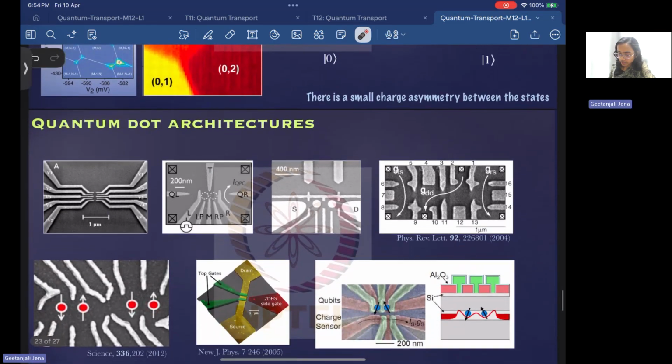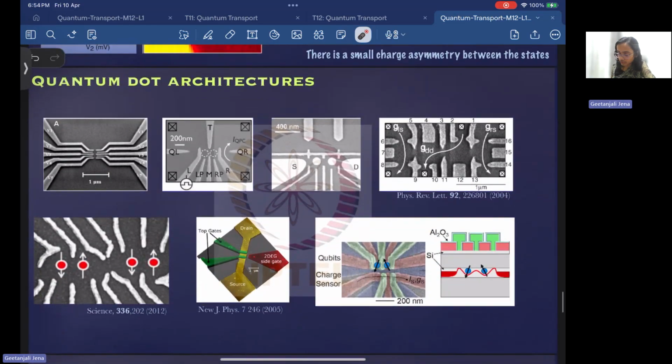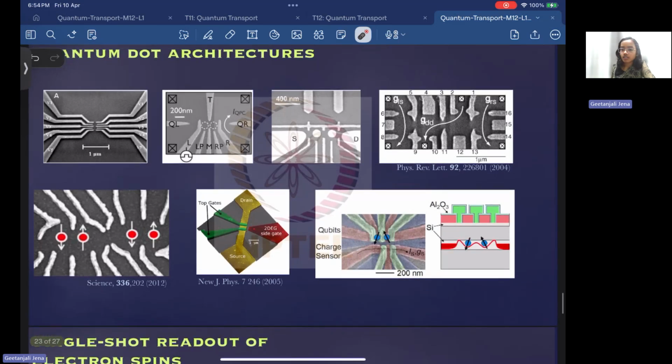So let us see the evolution of this gated quantum dot over the years. What is the development in the architecture of this gated quantum dot? Initially this is the initial design where we have source and drain, and the main issue here is that there is no readout device that can be used to sense the tunneling event.